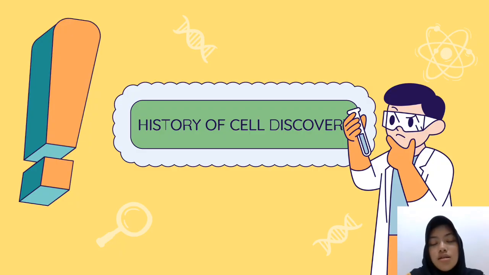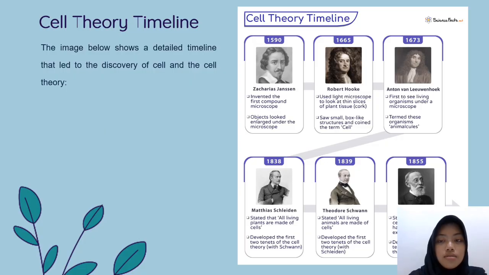Okay, the next material is the history of cell discovery. Cell theory timeline. For the first, cell discovery began in the 1600s when a Dutch shopkeeper, Anthony van Leeuwenhoek, discovered simple lenses and used them to visualize single-celled organisms, which he collectively termed animalcules.